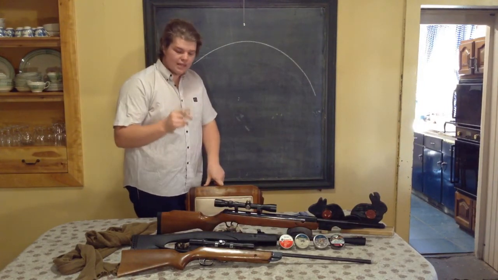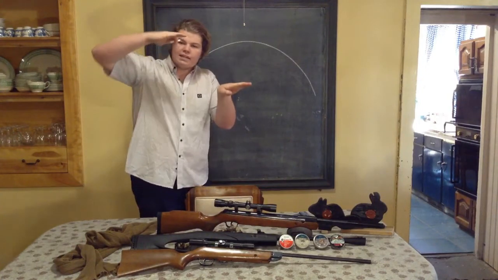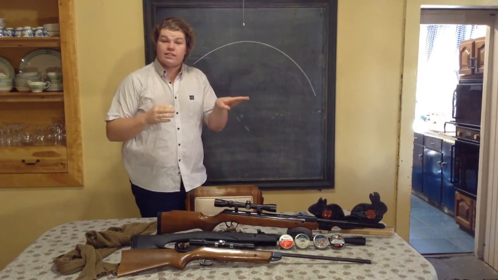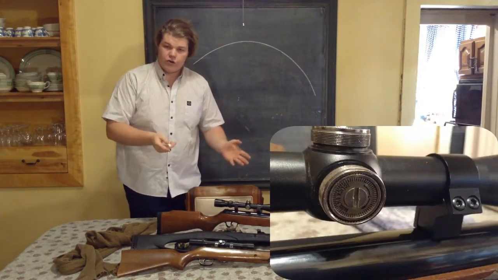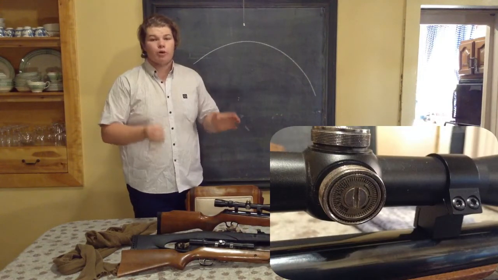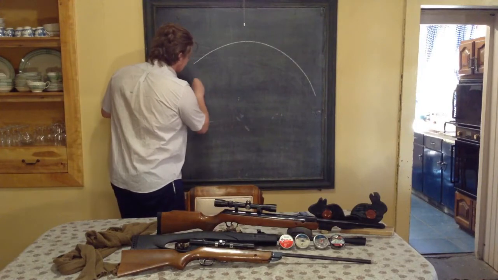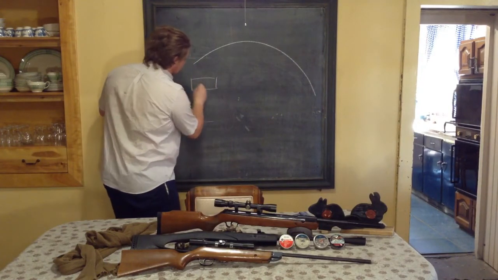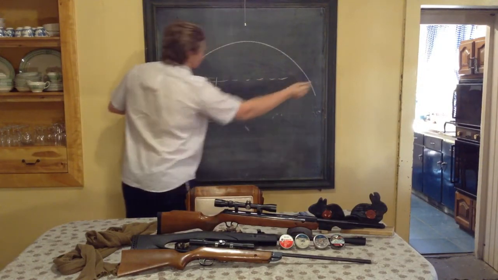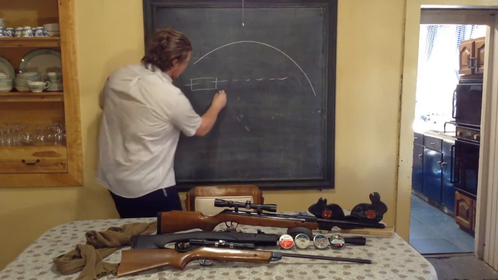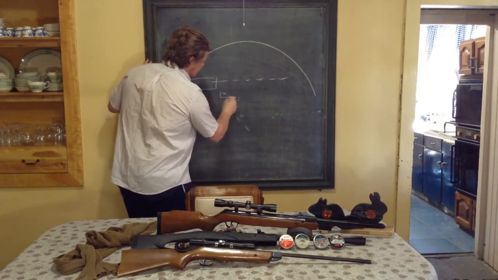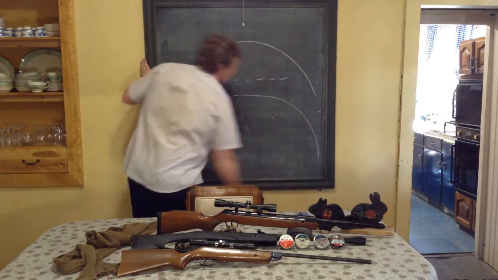Now we know that our scopes are slightly canted downwards at the front, and if that is not true, then we won't have any points of intersection. Because if the scope was exactly in parallel with the gun, then your barrel would be here and you would shoot a projectile and it would go like that.